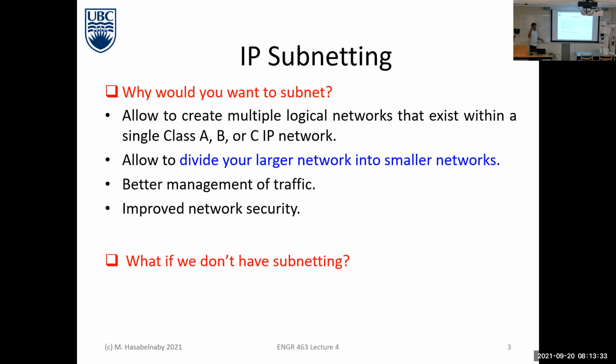If we use classful addressing and buy only 1 class C IP range, and we allocate the IP addresses to the devices in these 2 networks, this network will be considered in the same network as this network.